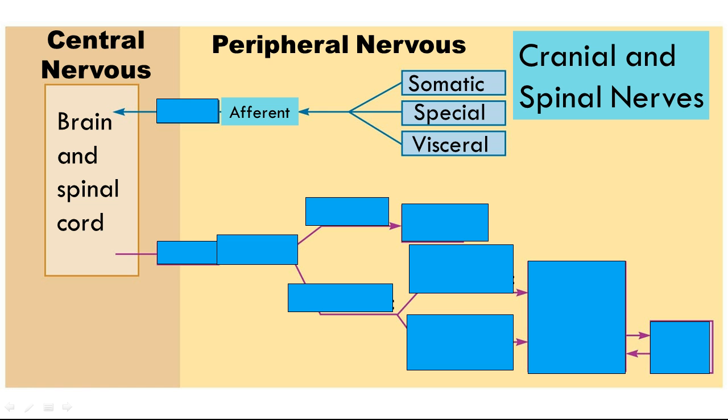Where do you think your afferent nerves need to terminate? What are they trying to communicate with? The brain or the spinal cord. So they probably ought to terminate in the spinal cord or brain, just depending on which nerve you're looking at. All right, afferent nerves can release neurotransmitters somewhere in our brain or our spinal cord.